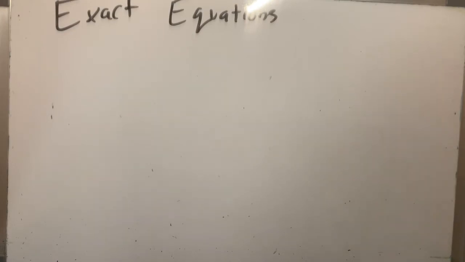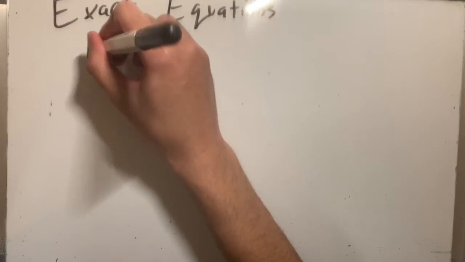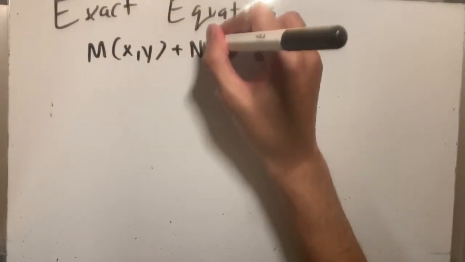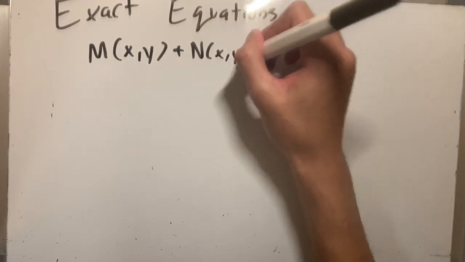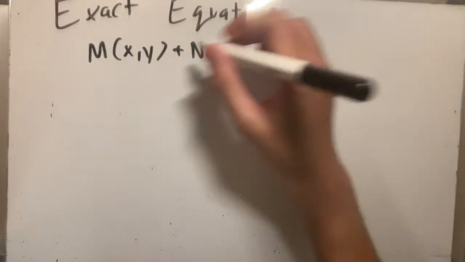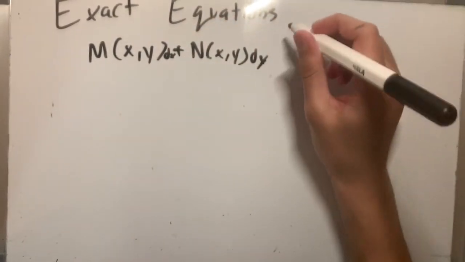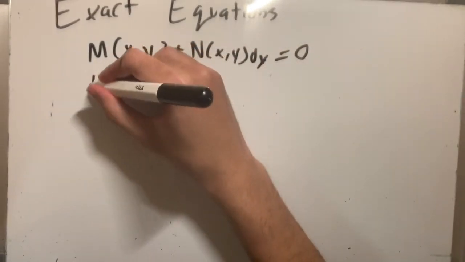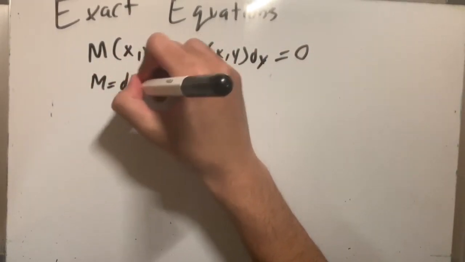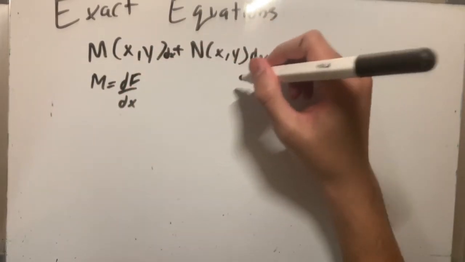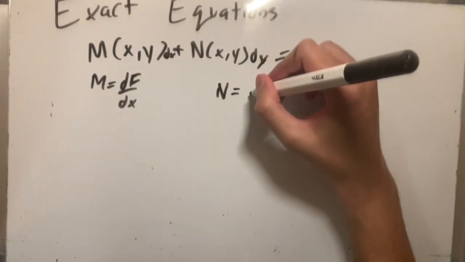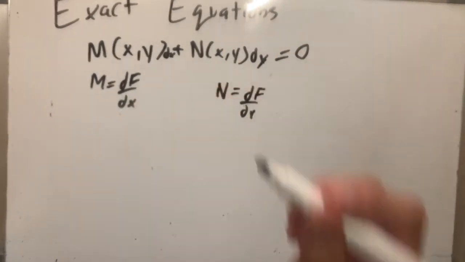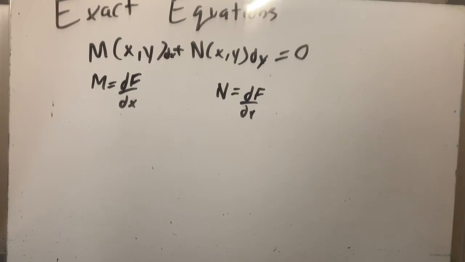So what exact equations are, basically they're in the form of M(x,y) dx plus N(x,y) dy is equal to 0, sorry, I forgot the dx in the M. So M in this scenario is equal to df over dx, and N in this scenario is equal to df over dy. We're taking one with respect to x and one with respect to y.